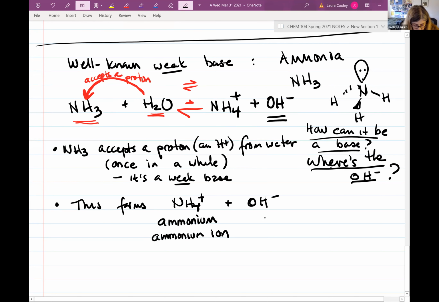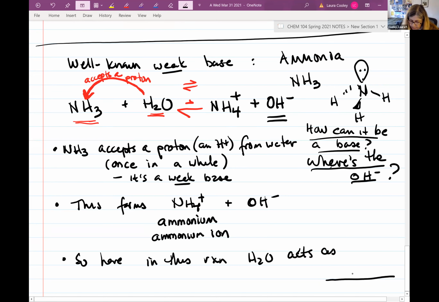And the other product is OH minus. So here, in this reaction, water acts as a what? Water is donating a proton. So what does that make water here? An acid. That's right.